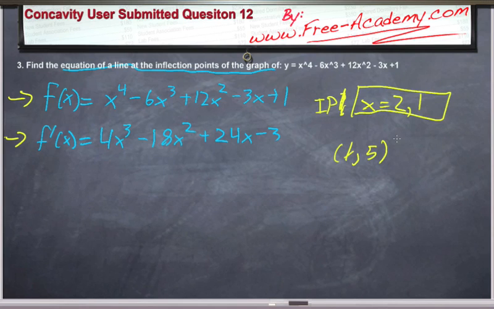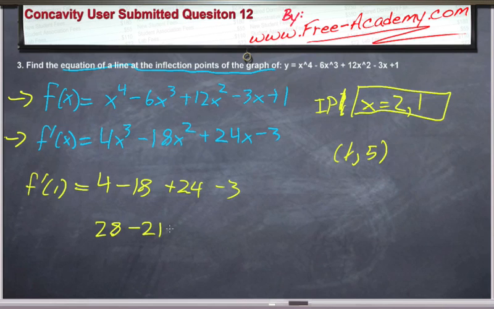Now let's find the slope at 1, 5. This will be f prime of positive 1, which is 4 times 1 minus 18 times 1 plus 24 times 1 minus 3. So this will be 28 minus 21, which is equal to 7. So for x equals 1, we have the point 1, 5, and a slope equal to 7.